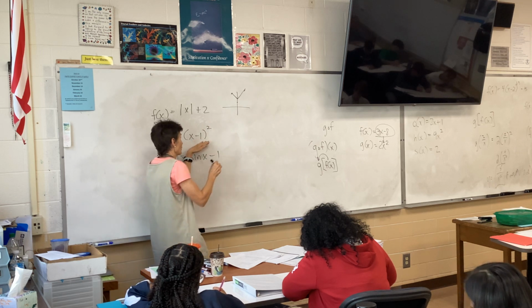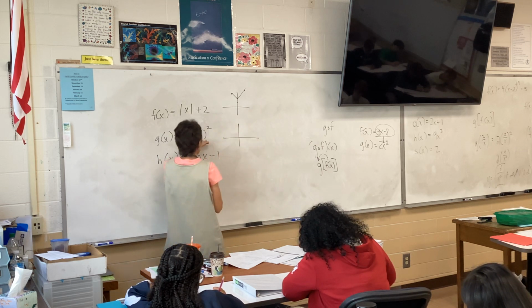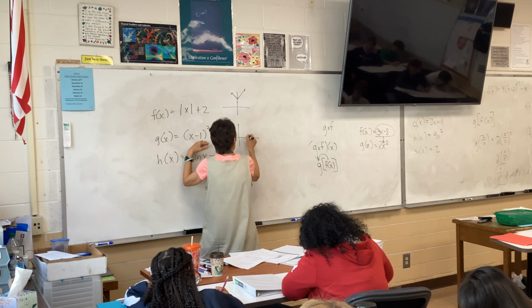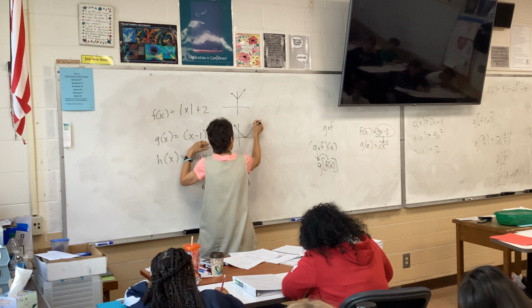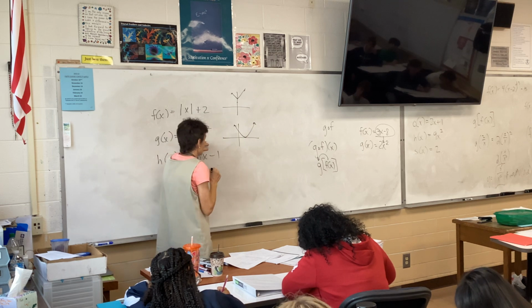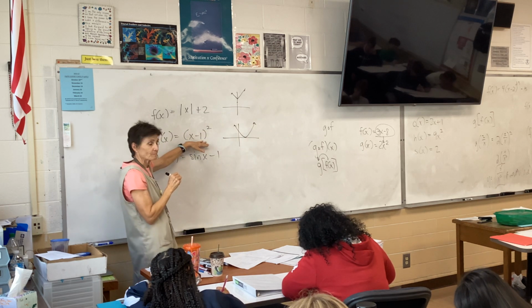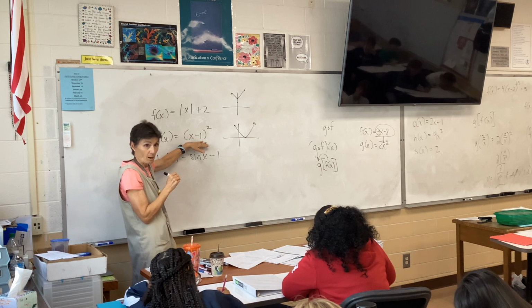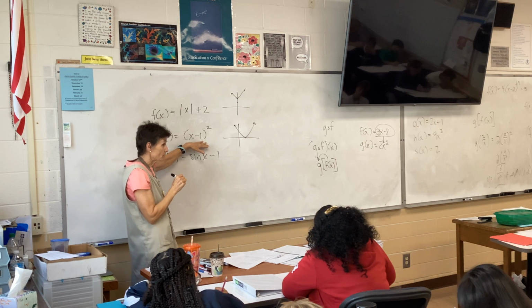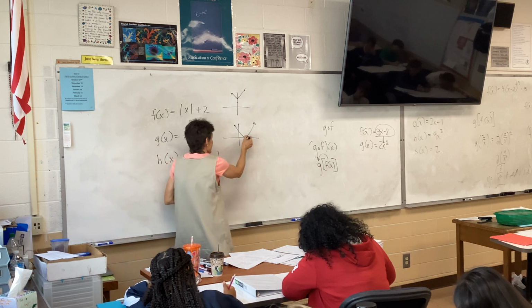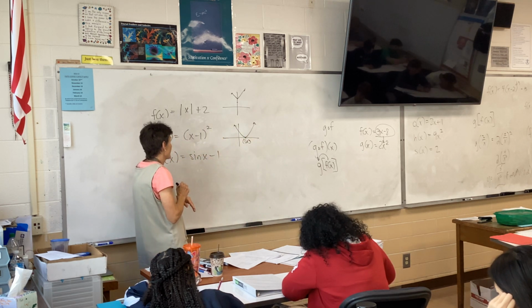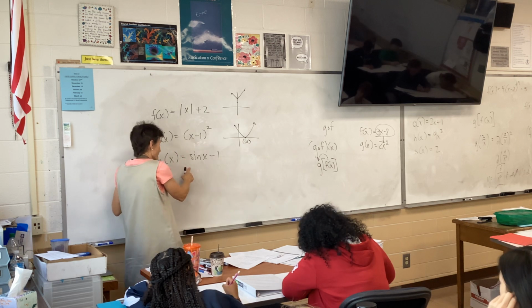All right, what's this one look like? It's a parabola, moved 1 unit to the right. It's also bounded below at 0. Its lowest point is right here at 0, right? Now, what about this one?